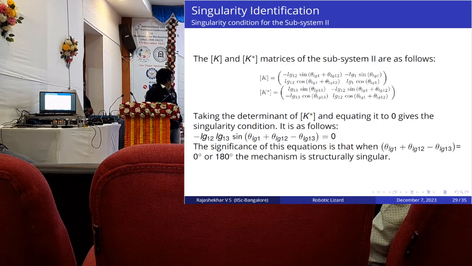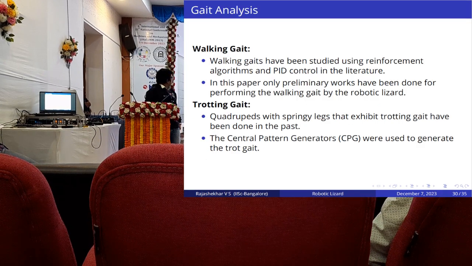And this is for subsystem 2, that is the leg, and the conditions for active and passive are shown in the K and K star matrices, and it can be easily formed by the equation at the bottom. If the condition is at 0 degrees or 180 degrees, the entire mechanism would come to a singularity point.